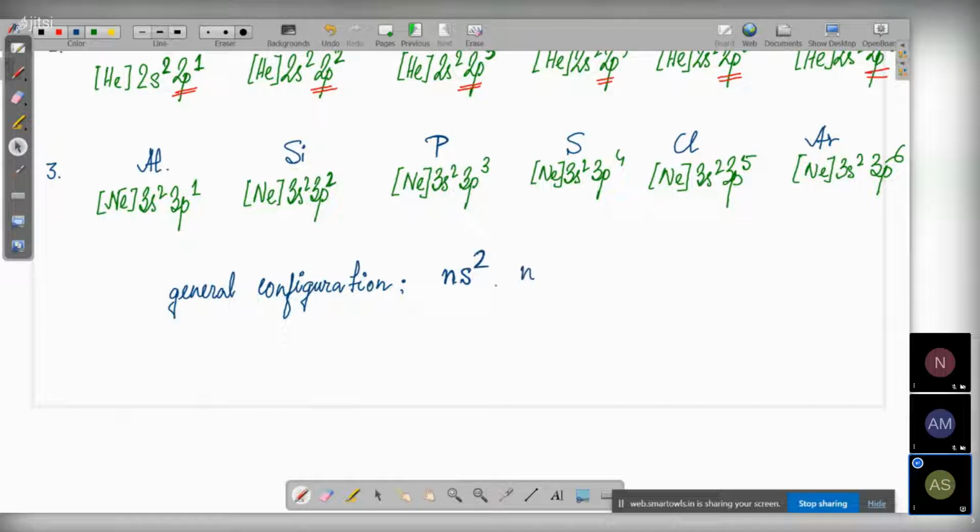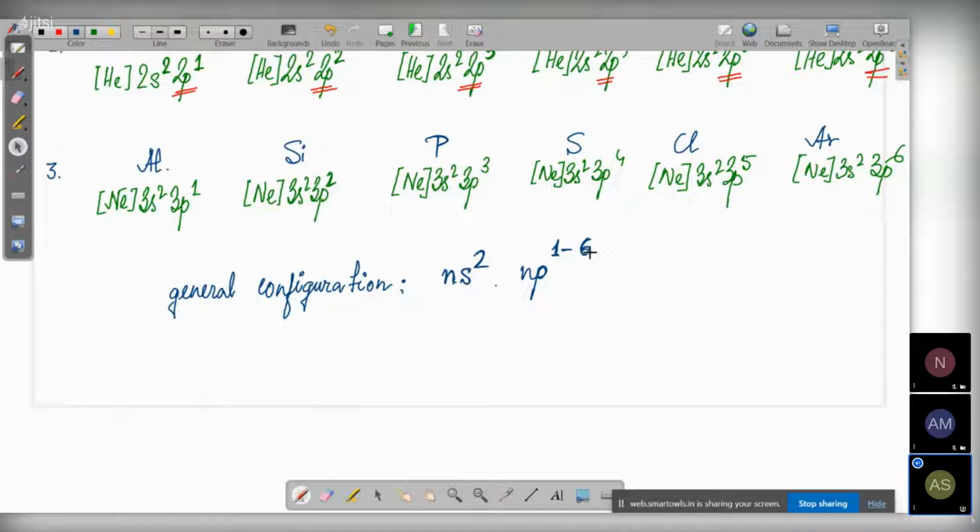And np, the number of electrons in the p orbital, can range from 1 electron to 6 electrons. You see p1, p2, p3, p4, p5, p6. It can be either 1 or 2 or 3, 4, 5 or 6. So the value will be between 1 to 6.